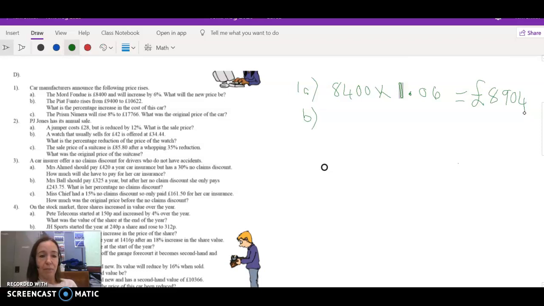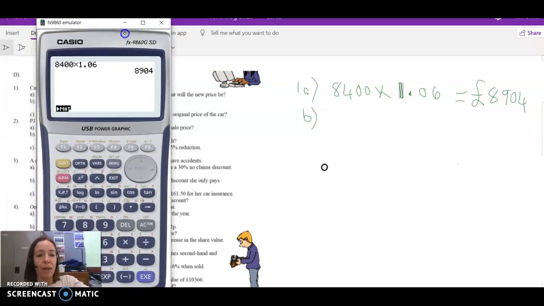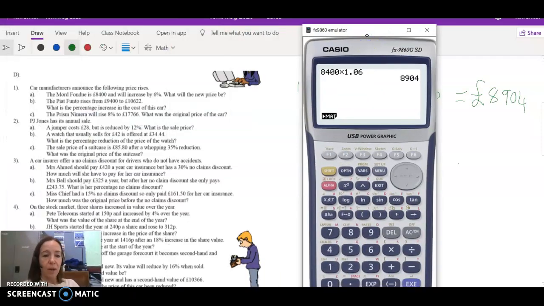Let's do that in steps. First of all, how much has it increased or decreased? So I'm going to put 10,622 and I'm going to subtract 9,400 and I get 1,222.